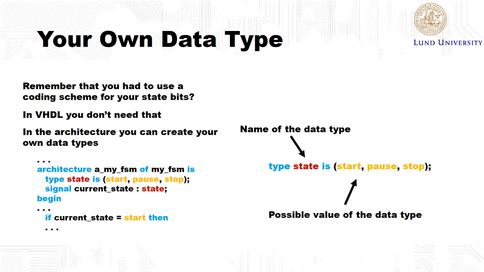Later on we can create a signal of this new data type, and this signal can now only take on the values that we have specified for this data type. The actual coding scheme that will be used for our data type is decided by the synthesis tool, and the coding applied could then also be optimized by the tool to reduce, for example, power or increase the speed of the circuit by using some heuristics.